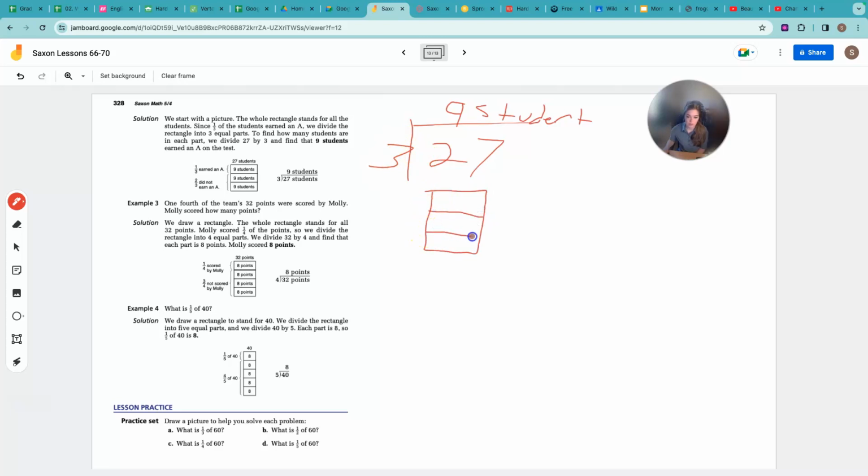We divided 27 by 3. And we could put 9 into each. And we could say 1/3 earned an A on the test. And then we'd say 2/3 did not.